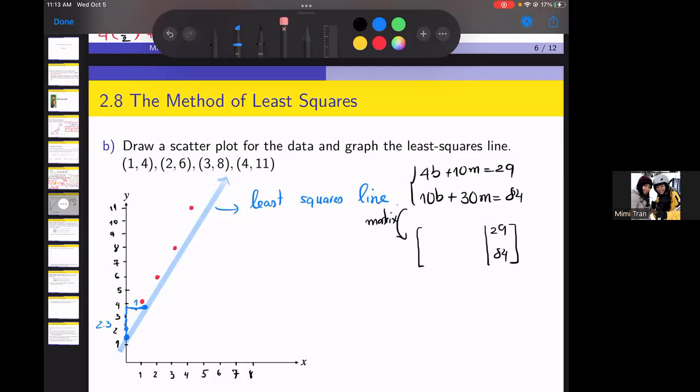So the coefficient of B is, the first one is 4, right? And then 10, and then 10 here, 30 here. Simple enough. So that's a matrix form. Basically, you just write out the numbers. Ignore the letters. Okay, all right, that being said, go to your graphing calculator.